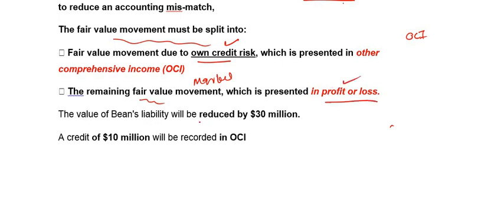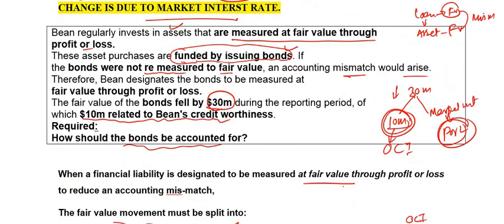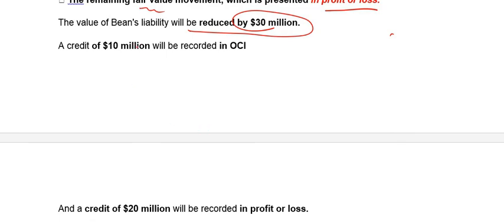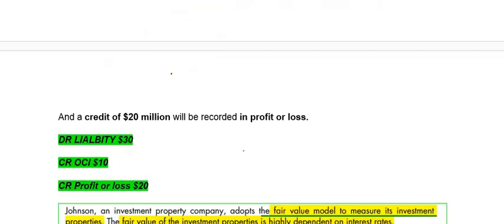So the liability will be reduced by this amount, because the bond's value fell down by 30, and of this 30 million, the 10 million due to credit worthiness will go to OCI, and the remaining 20 will be recorded in profit or loss.